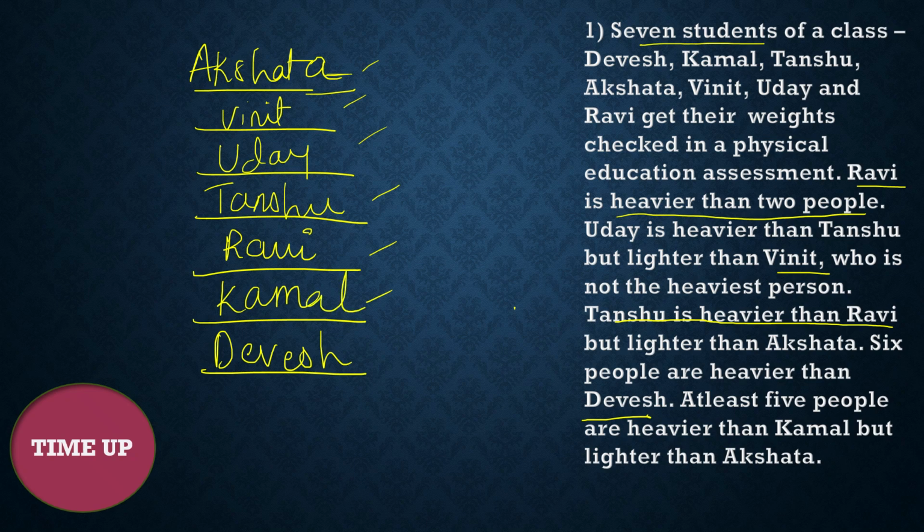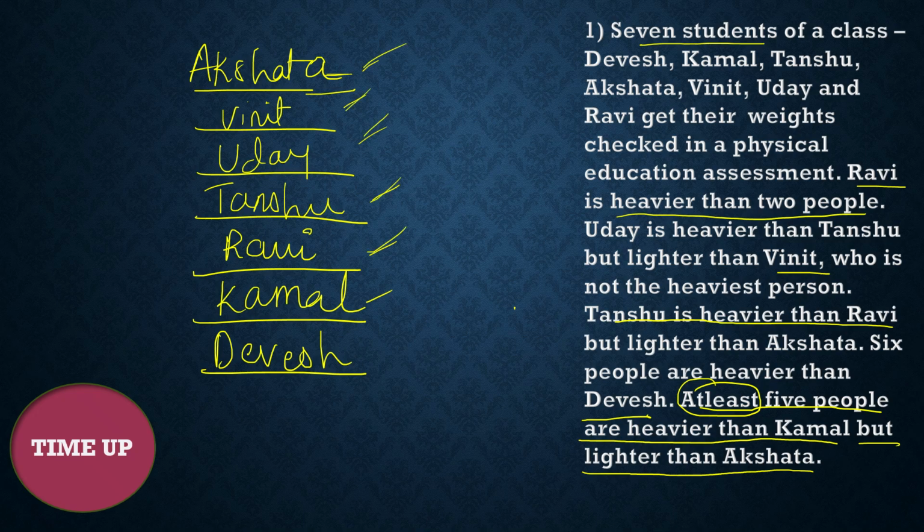That's it. One more condition is there. At least 5 people are heavier than Kamal but lighter than Akshata. At least. What do you understand by the word at least? At least 5 people means there can be 5 people or more than 5 people who are heavier than Kamal. So heavier than Kamal, at least 5 people should be there or more than that. 1, 2, 3, 4, 5.